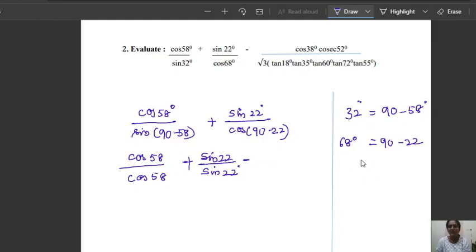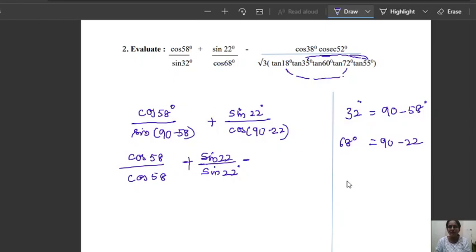Now we will come to the third term. Tan 18. Here we should be careful to match. Immediately tan 18 and tan 35 you cannot match. You have to go ahead with 18 and 72 now, because the sum is 90 here. And 35 should be matched with 55.